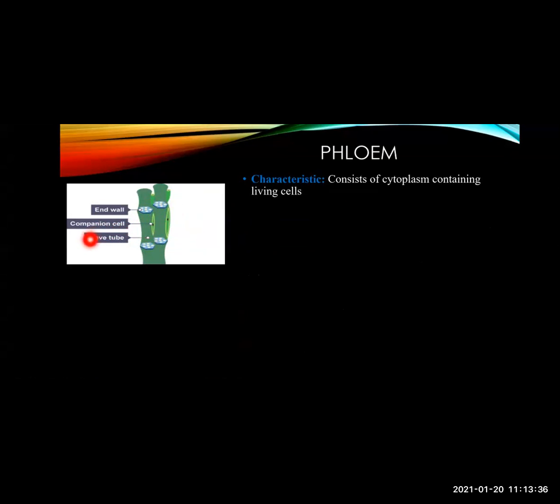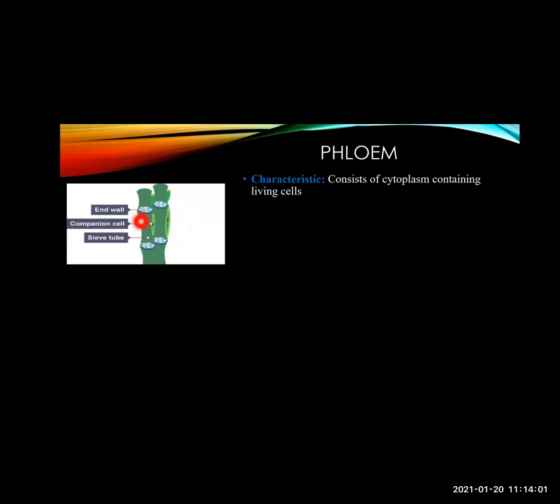One is the sieve tube. Why is it known as a sieve tube? Observe the structure carefully. It looks like a sieve that is used for sieving the flour in our house. Hence, this tube is known as a sieve tube.